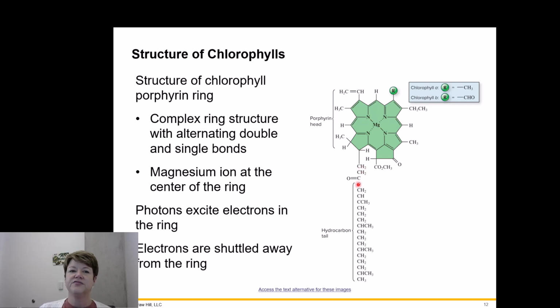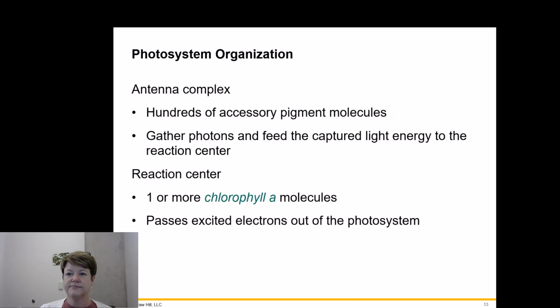So this isn't a phospholipid, but it sure has some characteristics like a phospholipid in that it has a head and it has a tail, just one. And so that tail is what is inserted into the phospholipid bilayer, and the head lays on the surface of the membrane. And you have hundreds, thousands of these chlorophylls spread out all over those thylakoid membranes.